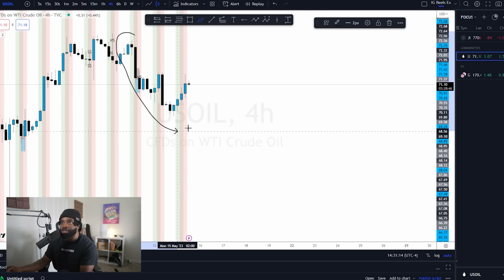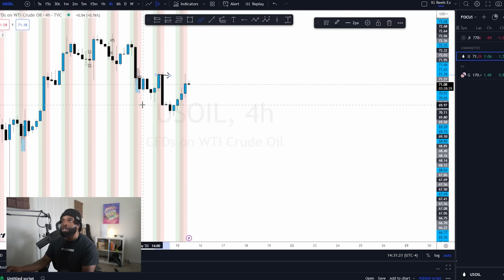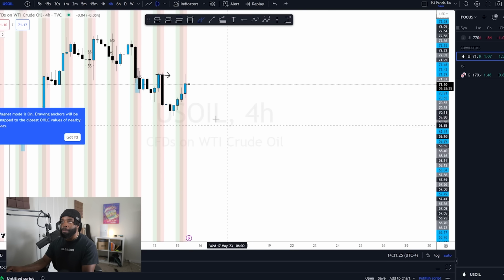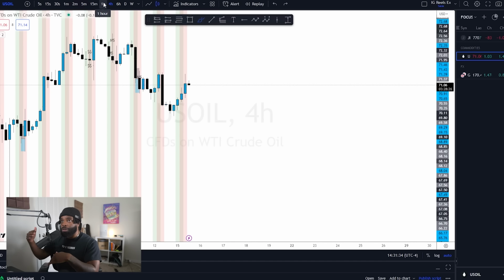Currently, you see that we're trending down. Why is this? We broke this low. We created a lower low, a lower low here, and then a lower high right here, and the same exact thing here. So when we look at these wicks, that gives us the bias that yeah, we're going down. Either the 1-hour or the 4-hour gives you your overall bias as far as mapping out where this is going.